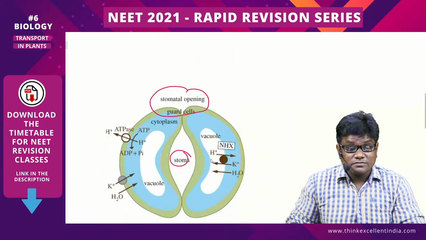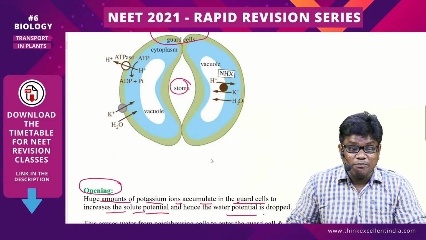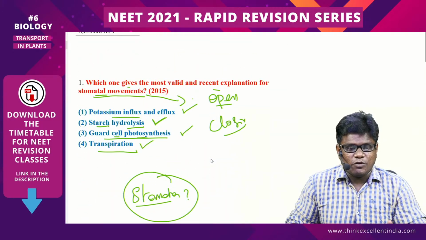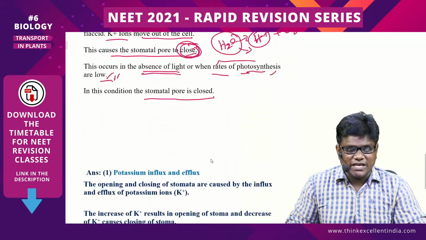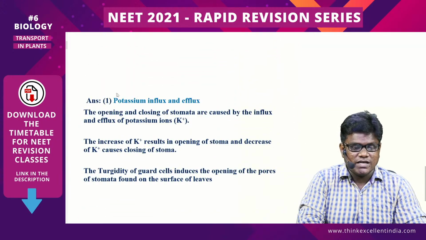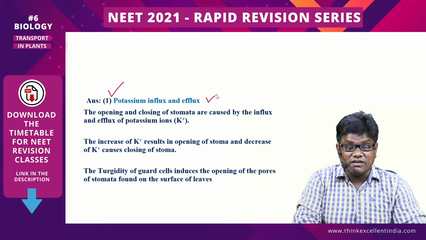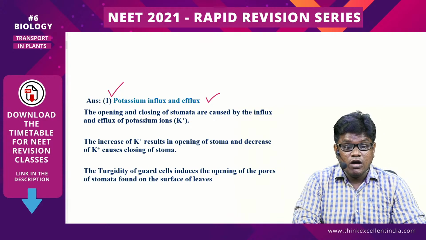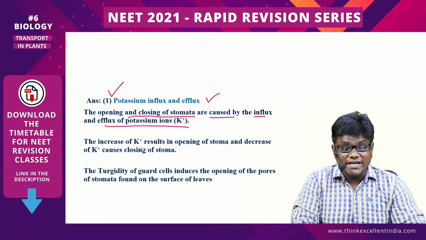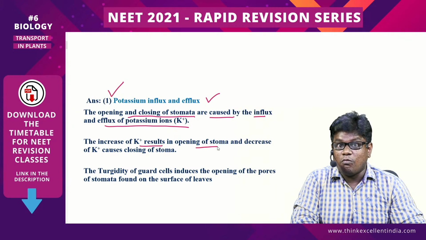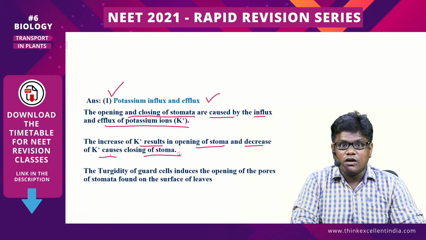So here, the K plus ions, you can see the potassium influx and efflux play an important role in this section of the question. So option 1 is the right answer, potassium influx and efflux. The opening and closing of a stoma are caused by the influx and efflux of the potassium ions. Increased ions result in the opening of the stoma and decrease in closing of the stoma.